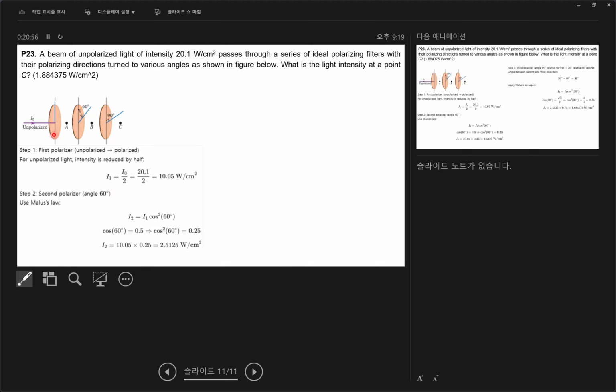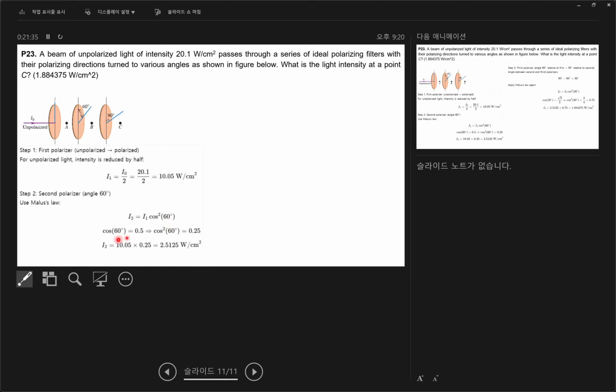You have two choices, vertical or horizontal, you choose one of them, and you get this relationship. After passing the first polarizer, at point A you get half of the initial intensity, and the second polarizer gives another reduction, which is given by Malus's law. If the angle is 60 degrees, then you get this one.